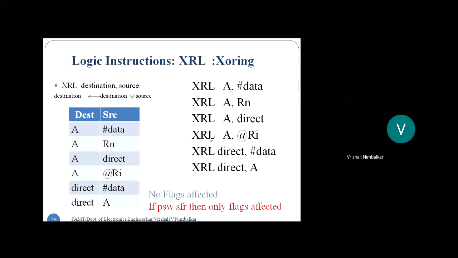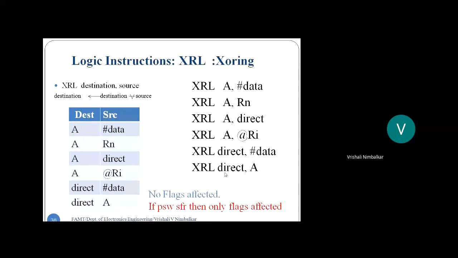XORing of 2 similar bits, the output is 0. XORing of 2 different bits, the output is 1. Meaning 1 XOR 0, output is 1. 0 XOR 1, the output is 1. Remember this. So in XRL A comma Rn, the destination is the accumulator in the first 4 cases, XRL A comma direct, and so on.